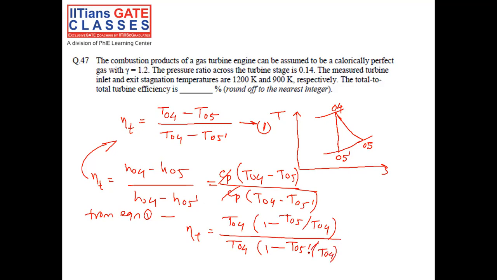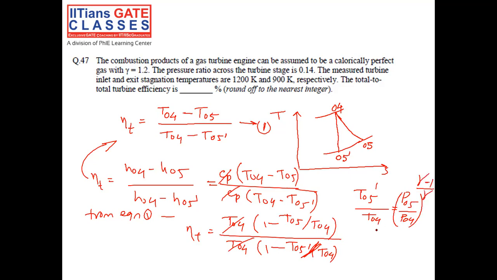So TO4 gets cancelled, and TO5 dash is the total temperature at the exit of the turbine for the isentropic case. So TO5 dash by TO4 is given by the pressure ratio, PO5 by PO4, to the power gamma minus 1 by gamma.